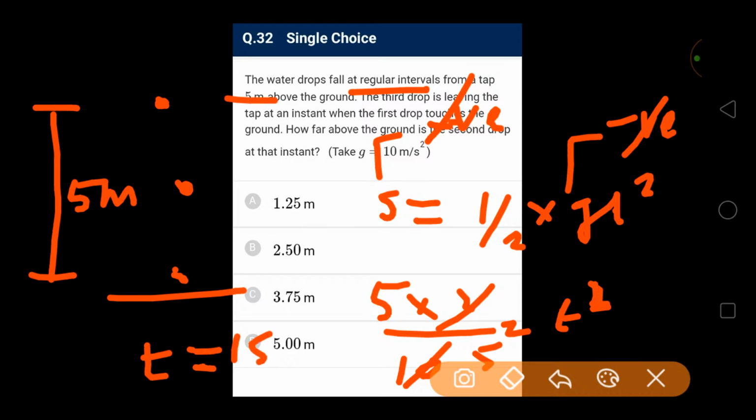So in 1 second the drop comes to the bottom, and within the 1 second the third drop is coming, which means every 0.5 seconds a drop comes, because it is given regular intervals. First drop after 0.5 seconds, next drop after 0.5 seconds. So at 1 second it reaches the bottom and the third drop is leaving the tap.